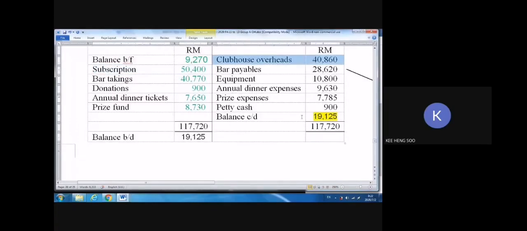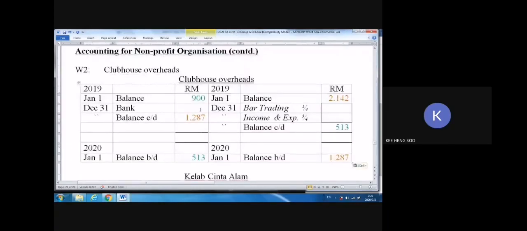Clubhouse overhead. I make payment 40,860. When I make payment, I credit 40,860. Now I need to debit. Are you following? This is the money I pay.